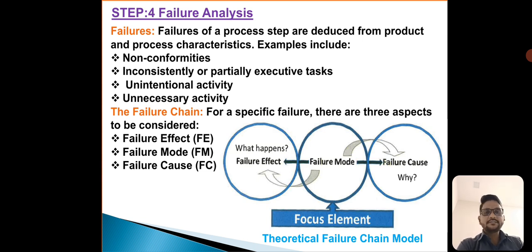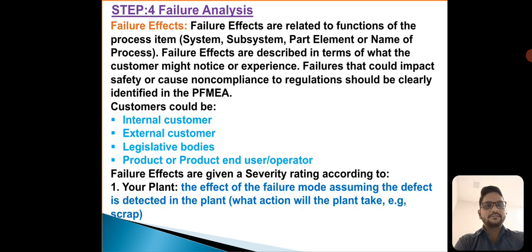In the failure chain, for the failure mode, what are their causes, meaning why this failure mode occurs, and what is the effect, meaning what happened due to this failure mode. We need to focus on this.